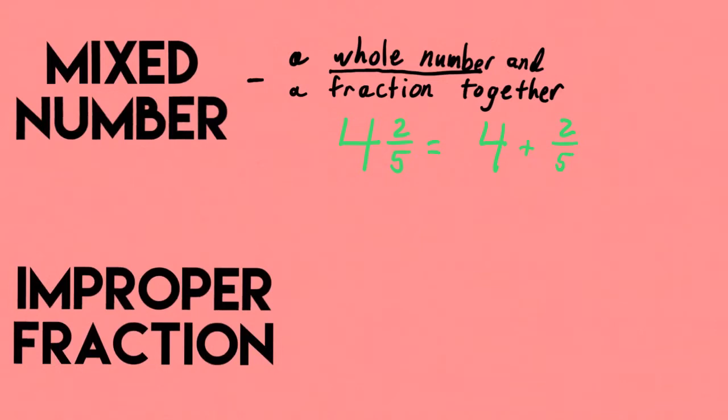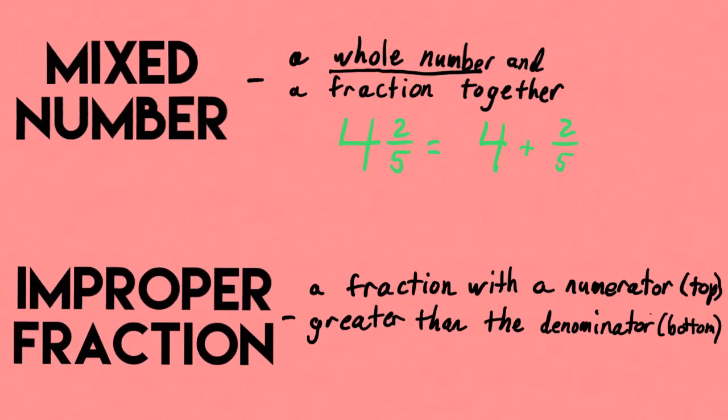Now an improper fraction is a fraction with a numerator, which is the top number, which is greater than the denominator or the bottom number. So as an example, if I have 12/7, the numerator, top number, is greater than the bottom number. So this is an improper fraction.